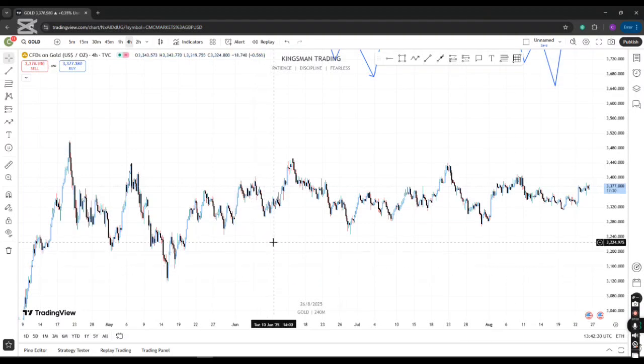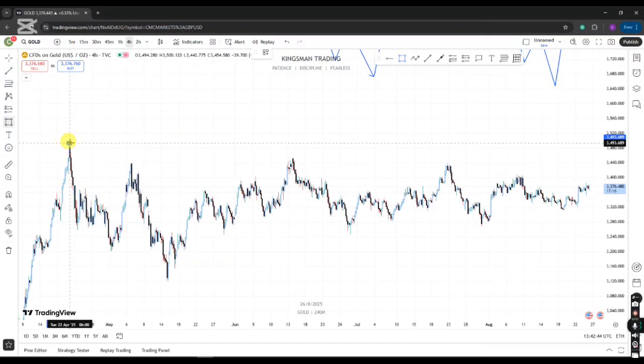So what do I identify as a valid order block? When it comes to order blocks, to me a valid order block is when price takes out liquidity from the preceding candle. For example, this one, price took out liquidity from the preceding candle.